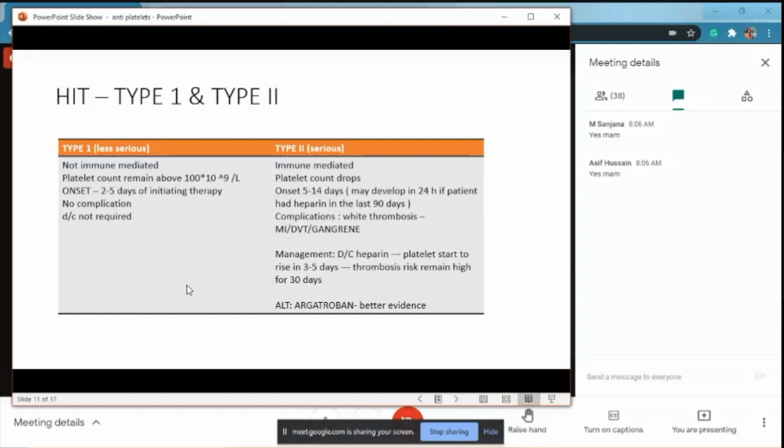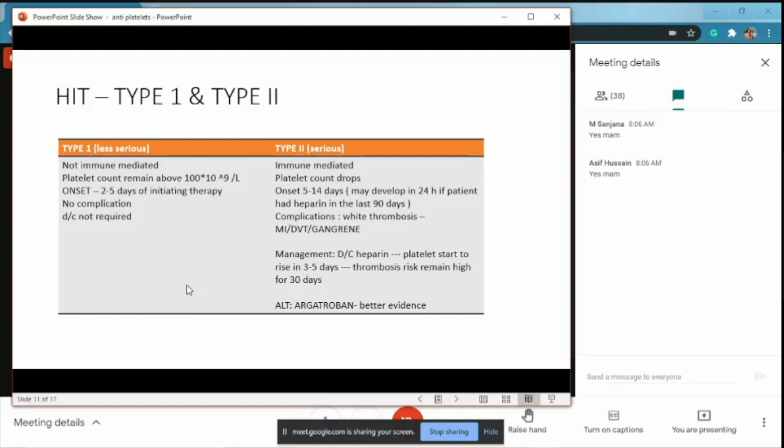Now the onset. Onset is 2 to 5 days of initiating therapy. Usually once we initiate therapy, usually unfractionated heparin, not low molecular weight heparin, since this is heparin-induced thrombocytopenia, within 2 to 5 days we can see type 1 HIT.